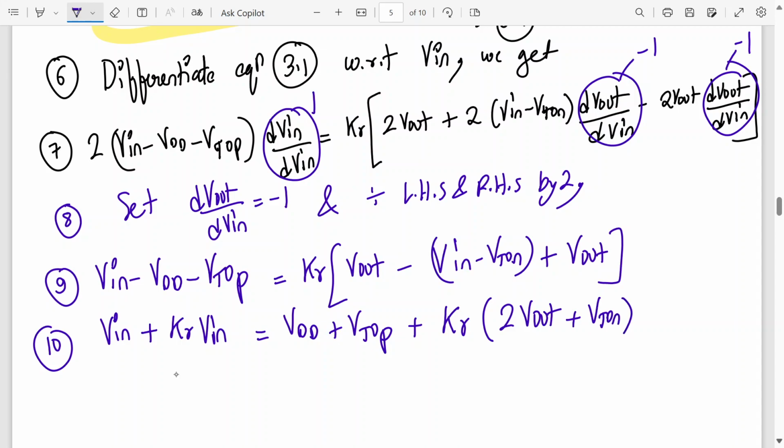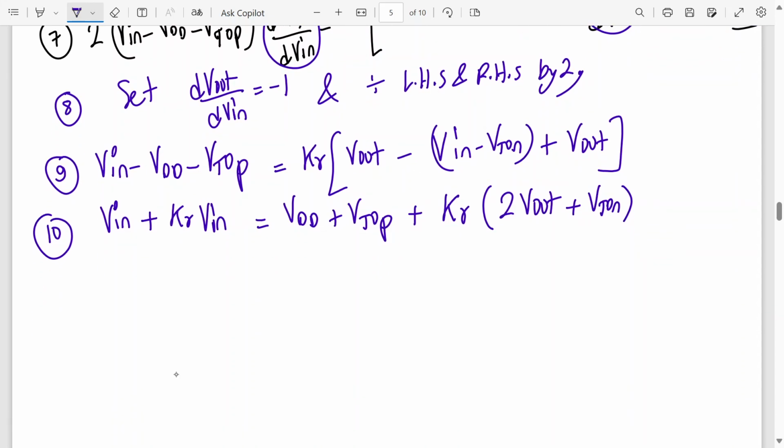I hope it is clear. This V out and this V out get added and become twice.